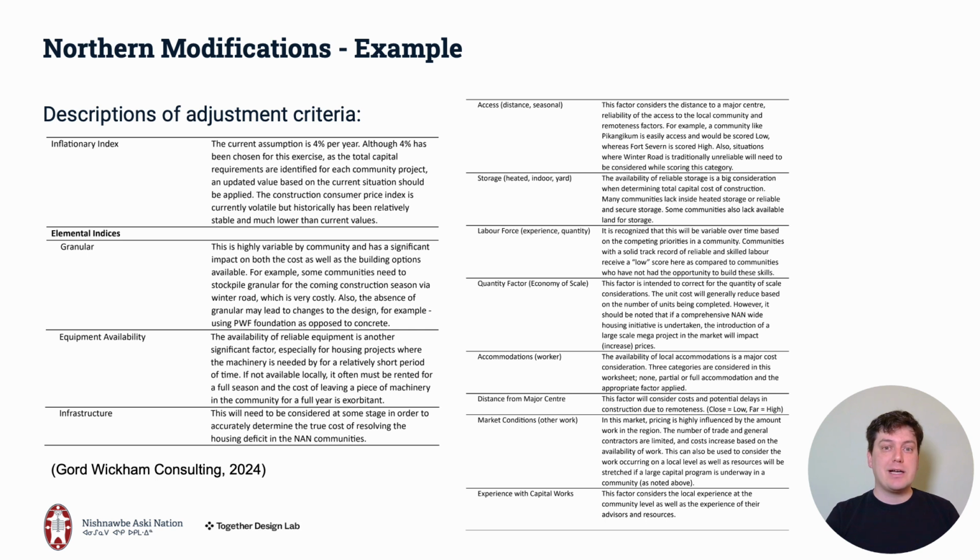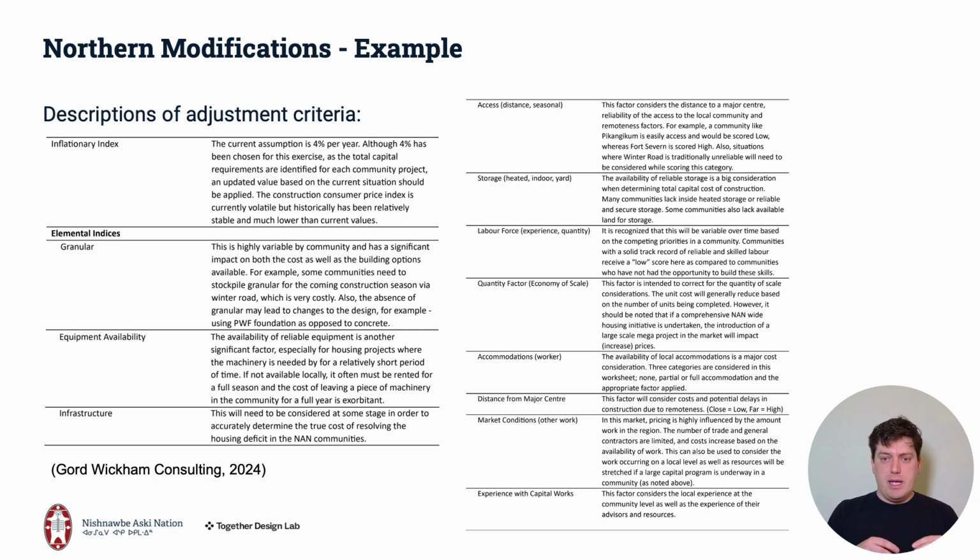So the factors that we see in this guide are access to granular material, equipment availability, infrastructure capacity, shipping access, availability of storage facilities, labor force, scale of the project, so the number of units that you're building in this project, labor accommodations, distance to urban centers, market conditions, as well as experience with capital projects.